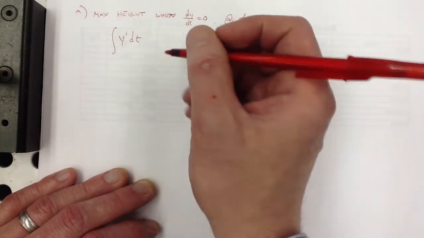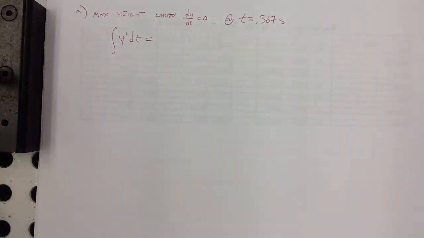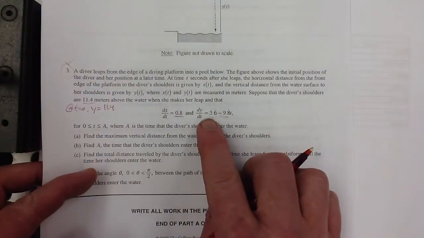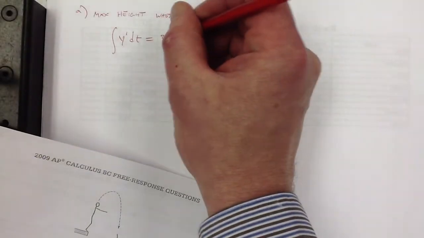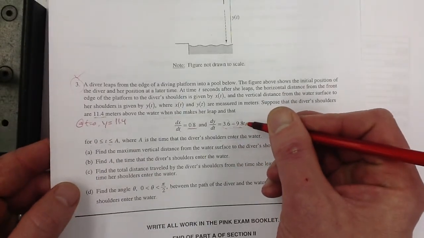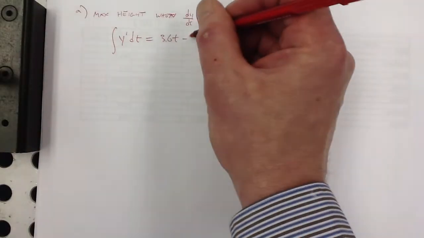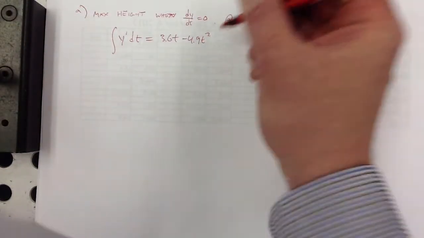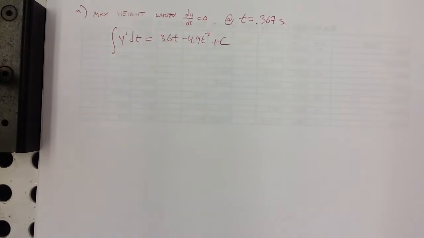If I take the antiderivative of that, it's going to be 3.6t minus 9.8t squared divided by 2, or in other words, minus 4.9t squared, plus c.